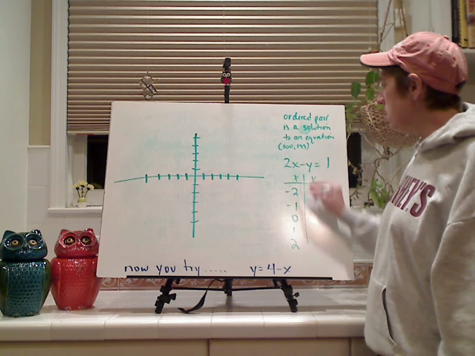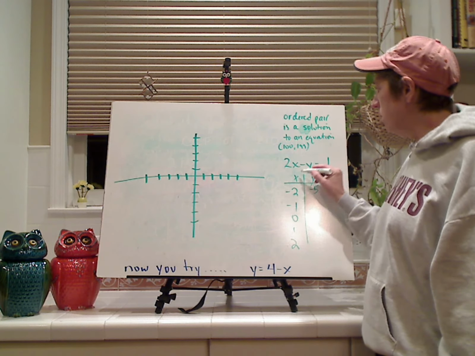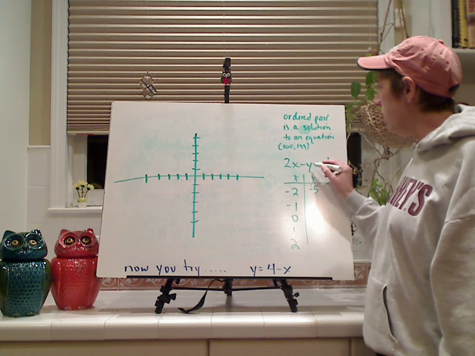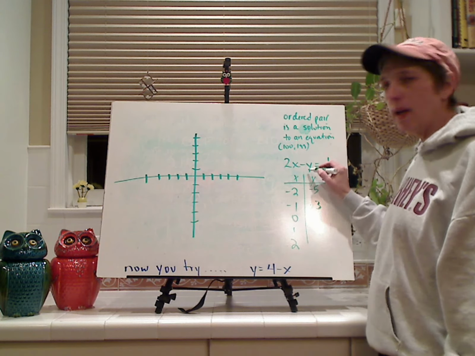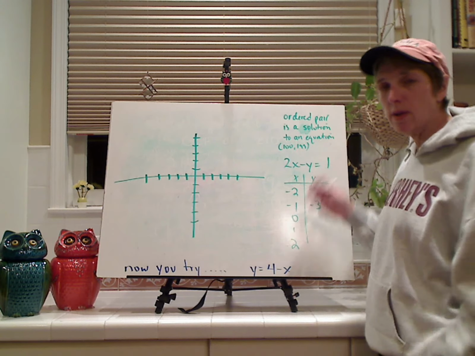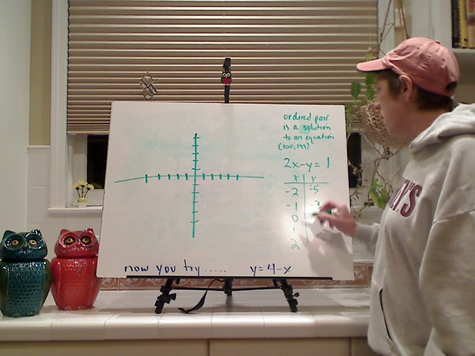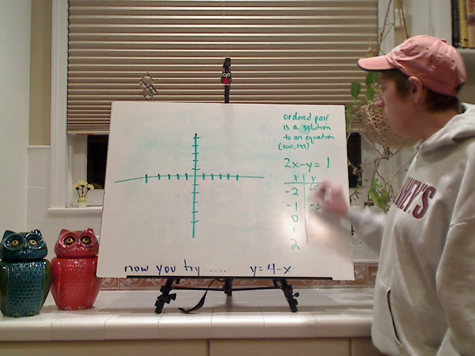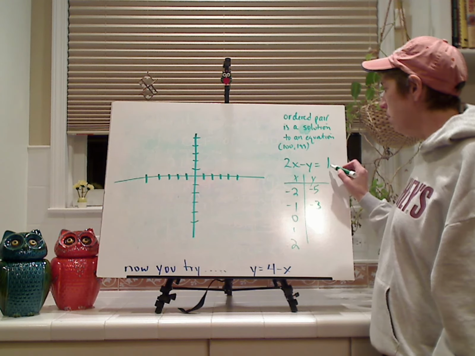So when x is -1, that becomes -2. -2 minus what number will give me 1? Minus a -3, because a -3 becomes a +3. Now this is all because of the integers. That's why we're doing this. Okay, so when x is 0, what is y? 0 minus what will give me 1?